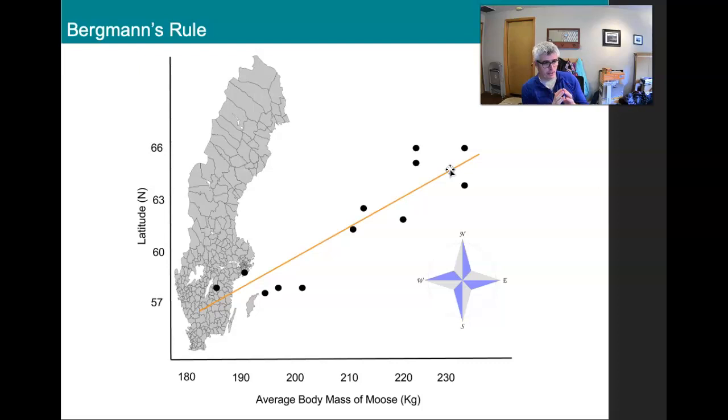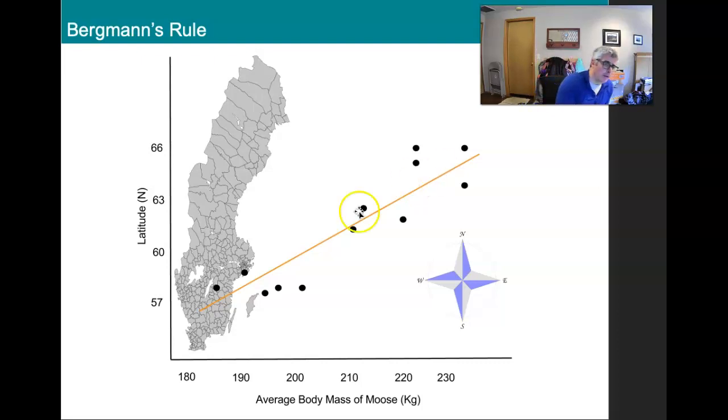If you're a smaller animal, you'll have relatively more surface area, skin, compared to your volume or weight. So at higher latitudes, or colder habitats, there's a big selection for larger bodied animals because they're able to hold and retain that thermal mass, their body heat, more efficiently than a small animal.